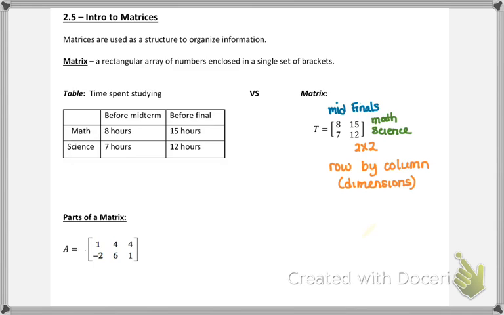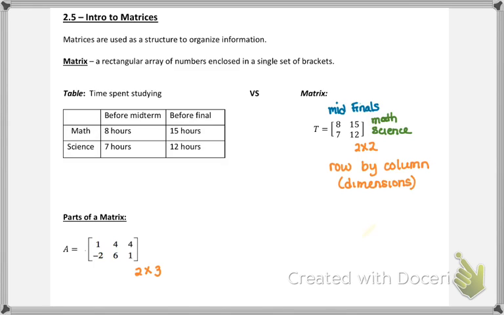So there are different parts of a matrix, and we had already talked about the dimensions are always row by column, how many rows by how many columns. So if we look at matrix A underneath, the dimensions of matrix A, this is a 2 by 3 matrix because it's got 2 rows and 3 columns. And inside the rows and columns, all of these numbers represent entries.